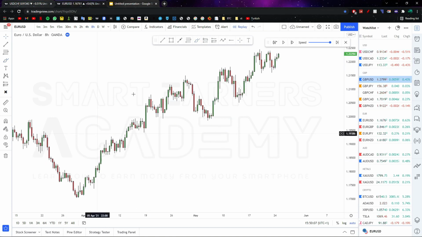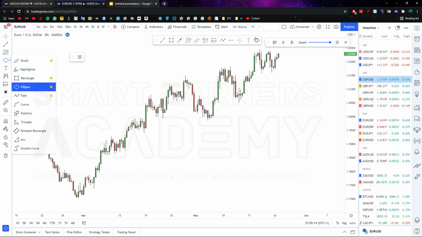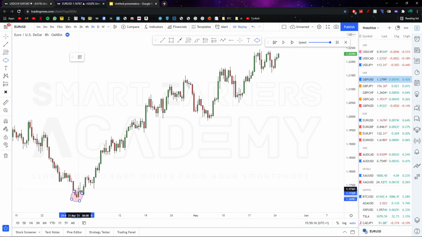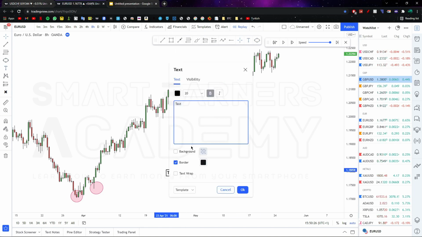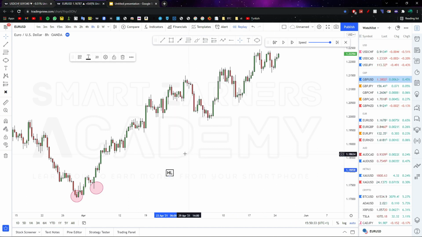So let's just say this is our first low, right? Over here, this is our low, and then what is it followed by? A higher low, right? And so we're going to mark out all of the higher lows to begin with. Higher low, right?